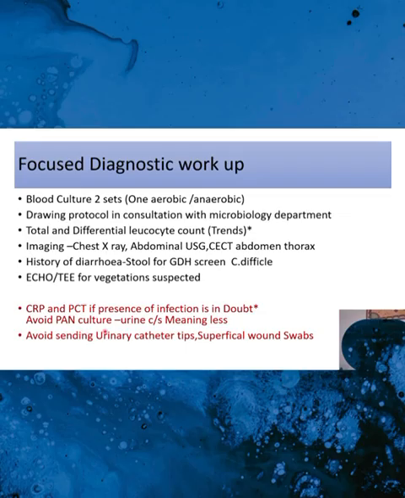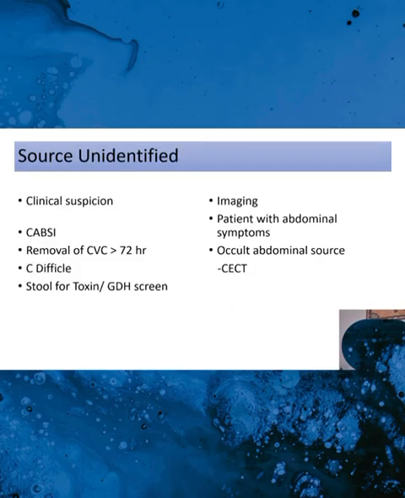Avoid pan cultures. As I said, urine culture most of the time will show pus cells, and you end up treating a wrong bug and creating antibiotic resistance. Avoid sending urinary catheter tips and superficial wound swabs. So once you have identified the source, you know that the line was put in emergency, you go for the removal of the central line within 72 hours.